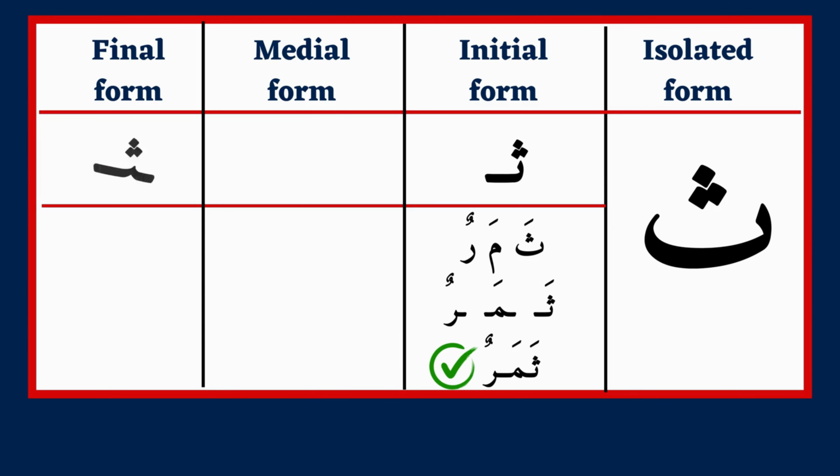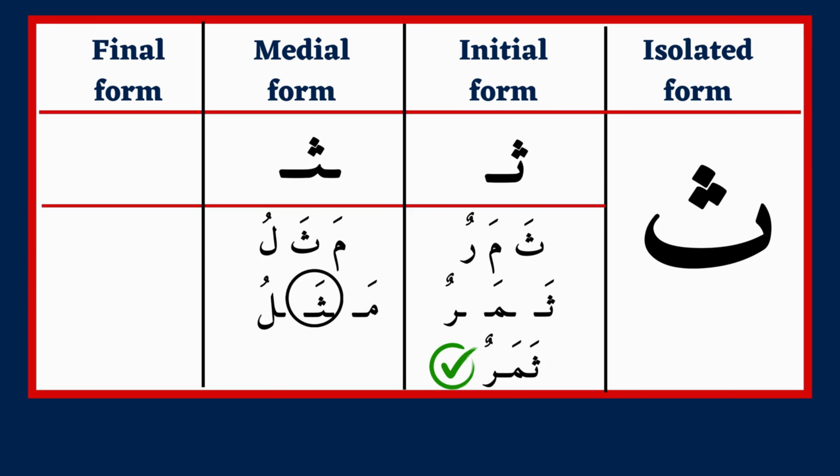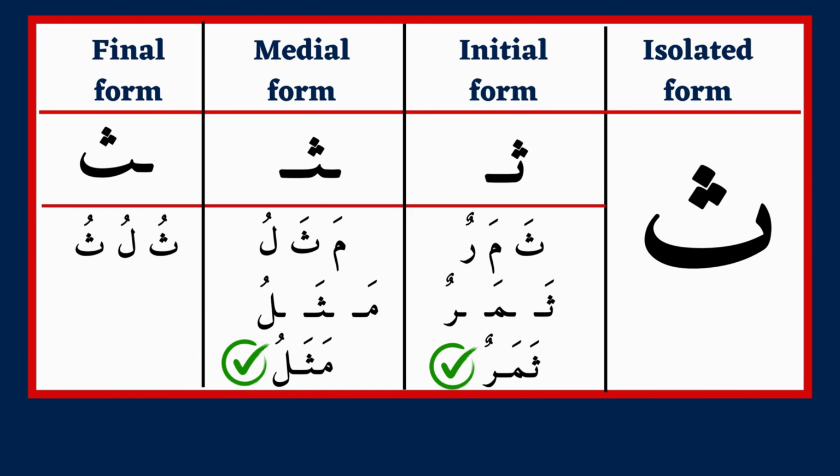In the middle of a word, tha is written as shown, leaving it open to accept another letter on both sides, just like ba and ta. When tha closes a word, it is written as shown, signifying the last letter of the word. See it in this example.